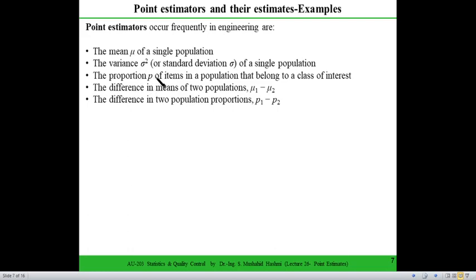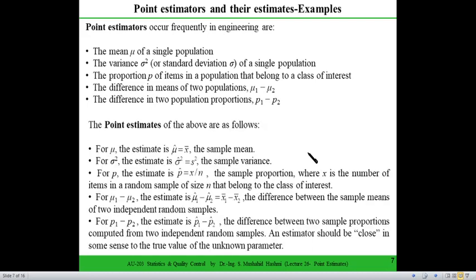Some formula to calculate the proportion would be your point estimator, or the difference of the two means would be your estimator, or the difference in the population proportions would be your estimator, whereas the particular value coming from that estimator, we call it the estimate of those estimators.